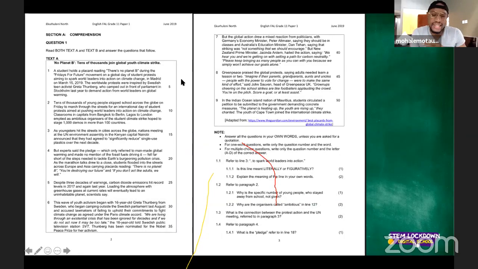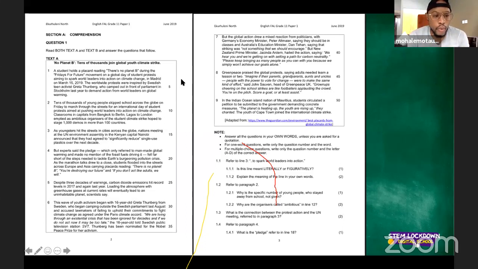The connection is that the leaders hoped to get some sort of response from the UN to help them attend to the problem they have about the global crisis. That is the connection that they have. They are trying to get some sort of response from the leaders to assist them with what they're trying to solve. And that is the connection that the protest action and the UN meeting have, as referred to in paragraph 3. Then we go to 1.4.